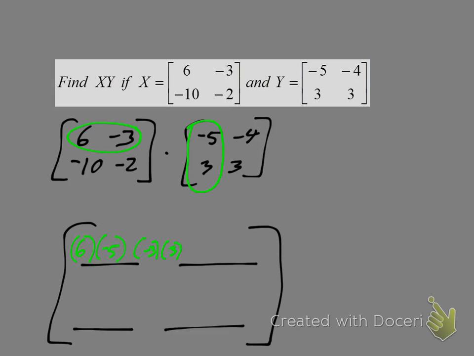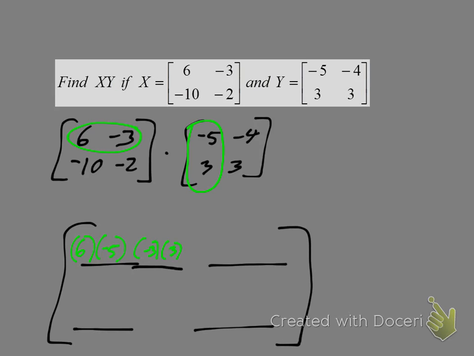We'll run out of space. It is, yes. But it goes faster once you get the hang of it. So you have the first number in each row and column multiplied together. You have the second number in each row and column multiplied together. You add those products. Okay? You add those products. Alrighty?